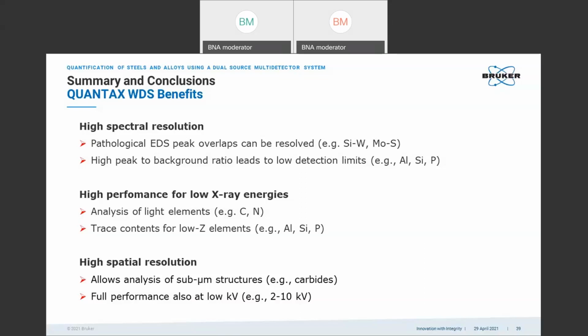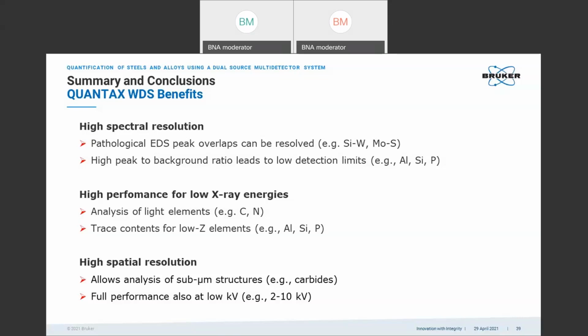Second point, we have a high performance for the low X-ray energies that allows analysis of the light elements, carbon and nitrogen, and gives good trace element contents for the low Z elements where the micro XRF cannot or has a lower efficiency.